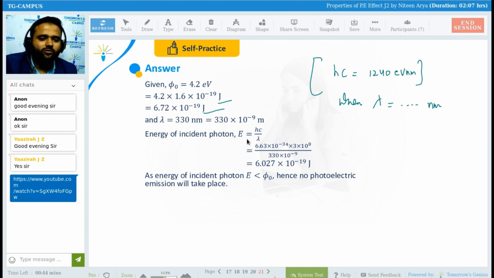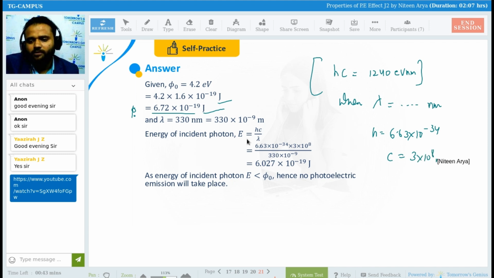Even with this, you can put the value of electron volt, which is 1.6 into 10 to the power minus 19, so phi you can get. Using every value, h is 6.63 into 10 to the power minus 34, and c we already know is 3 into 10 to the power 8 meters per second.